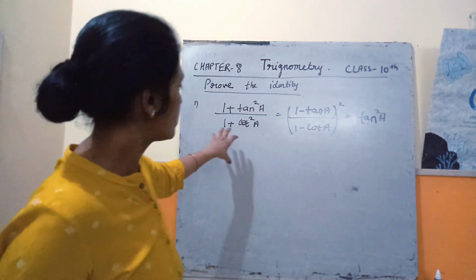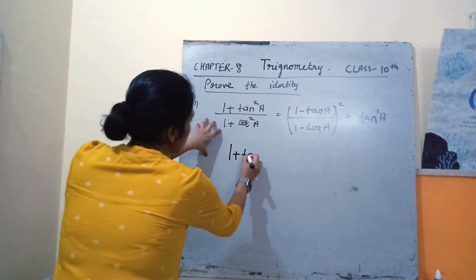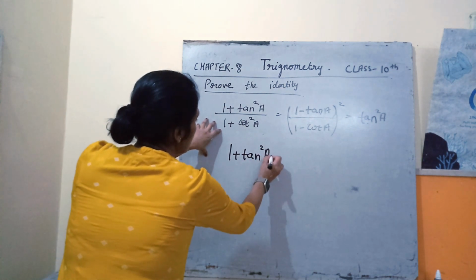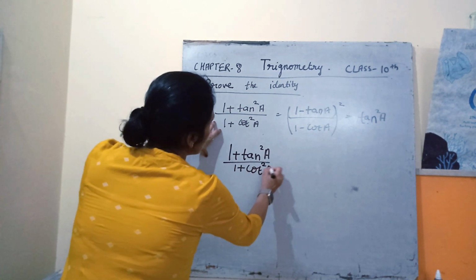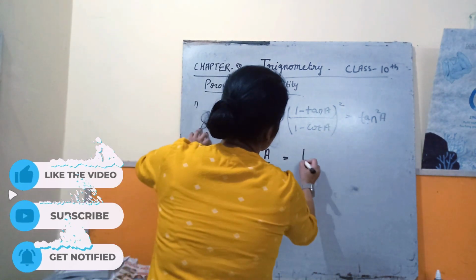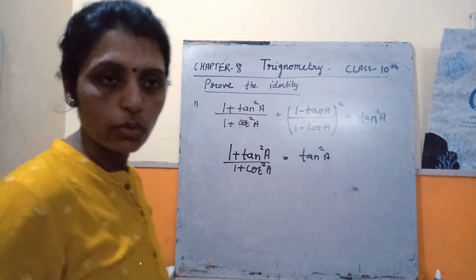So first I am going to solve (1 plus tan square A) upon (1 plus cot square A) is equal to tan square A. First we will prove this one.